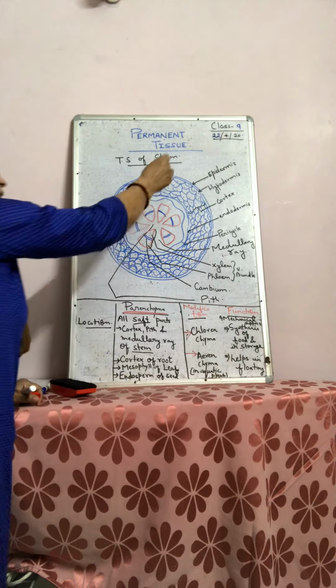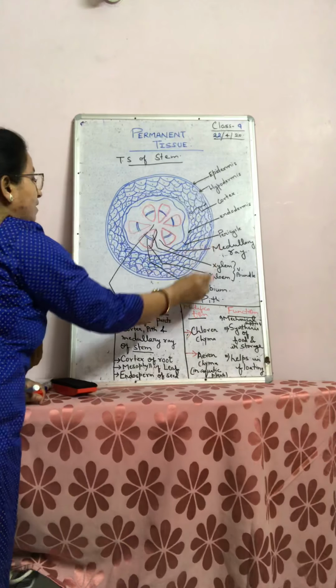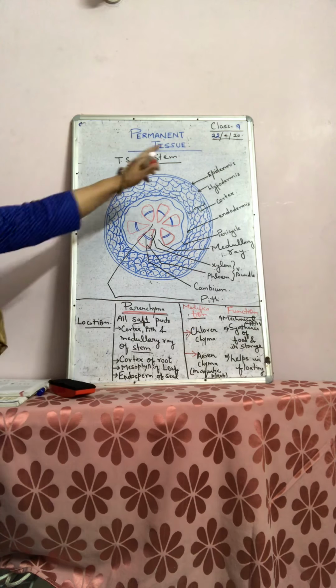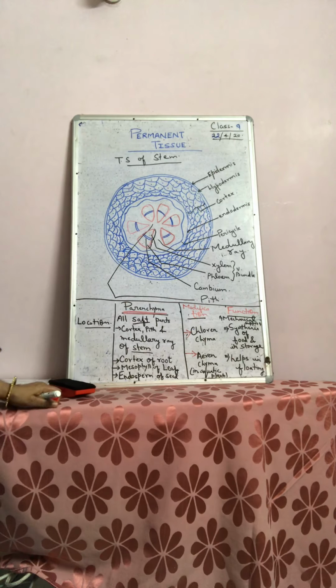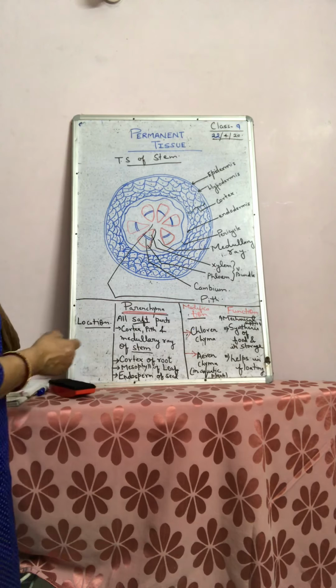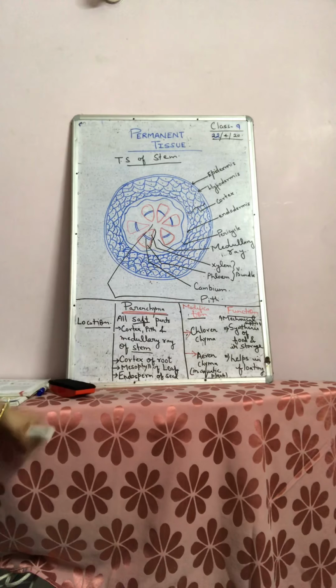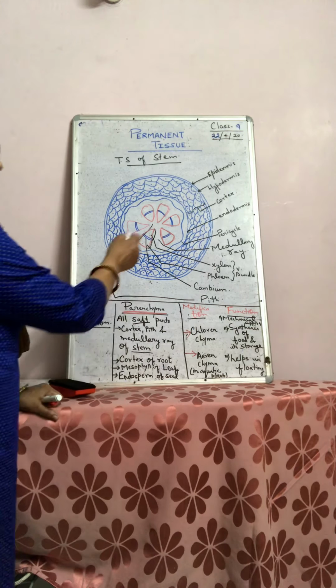That means these entire structures collectively consist of different types of permanent tissue. Some parts are parenchyma, some parts are collenchyma, some parts are sclerenchyma, and some are protective tissue. Epidermis is protective tissue, and in xylem and phloem some parts are sclerenchymatous.